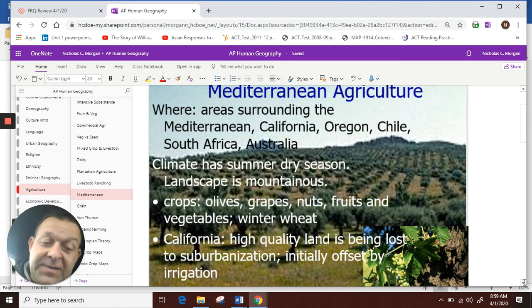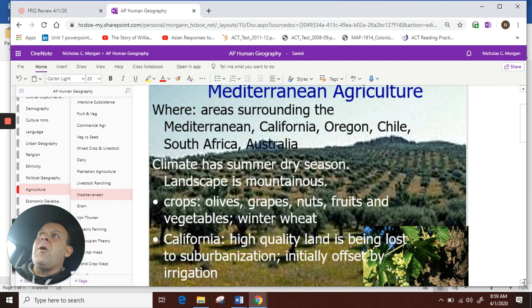Now, a criticism, a concern of this kind of agriculture, please put this in your notes. It can be very hard on the environment, especially if you're irrigating in a land that doesn't have a lot of water. That is one of California agriculture's biggest problems. They are growing lots of crops.